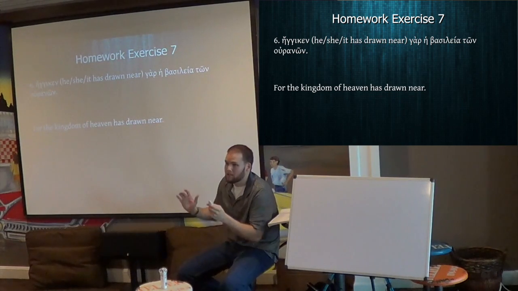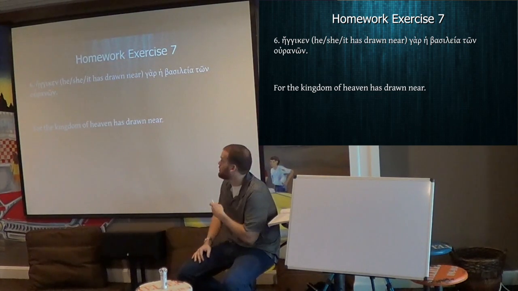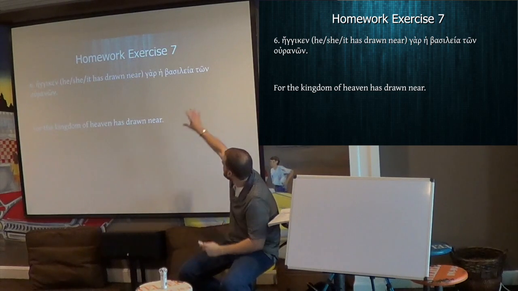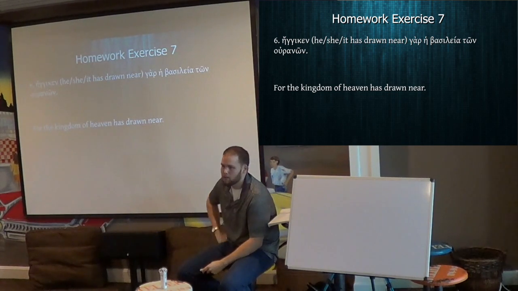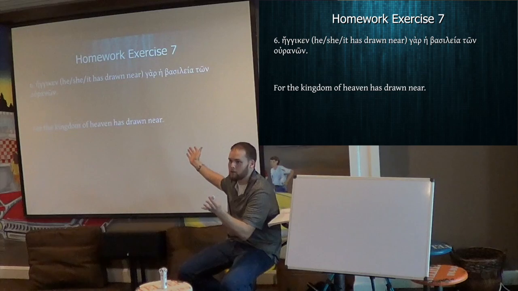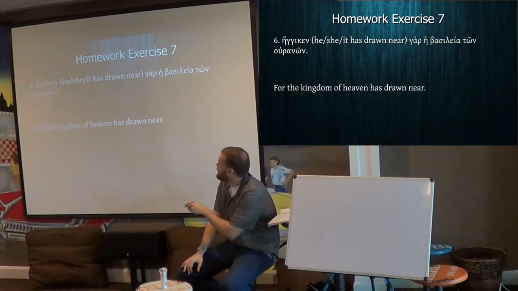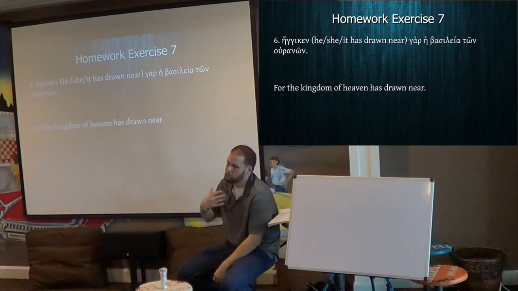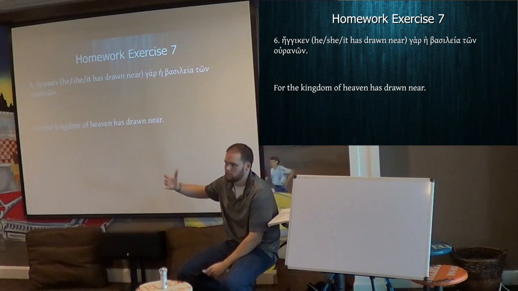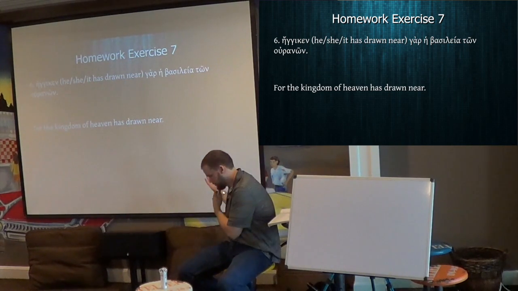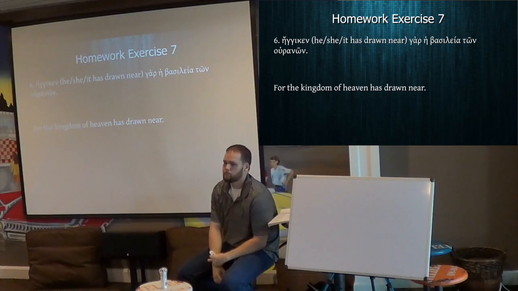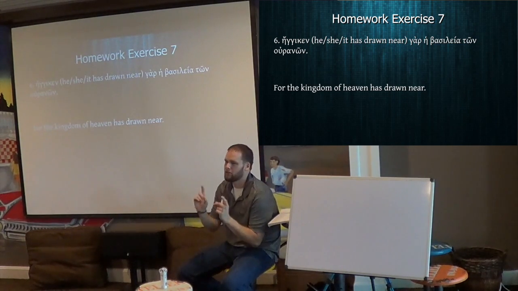So the subject in that case would be what's called implied in the verb. If that were an accusative instead of a nominative, there'd be no subject here for us to go, oh yeah, there's the subject. We'd say, oh, it's implied in the verb. We supply it from the verb: he has drawn near to the kingdom of heaven. Did that make sense? Okay.